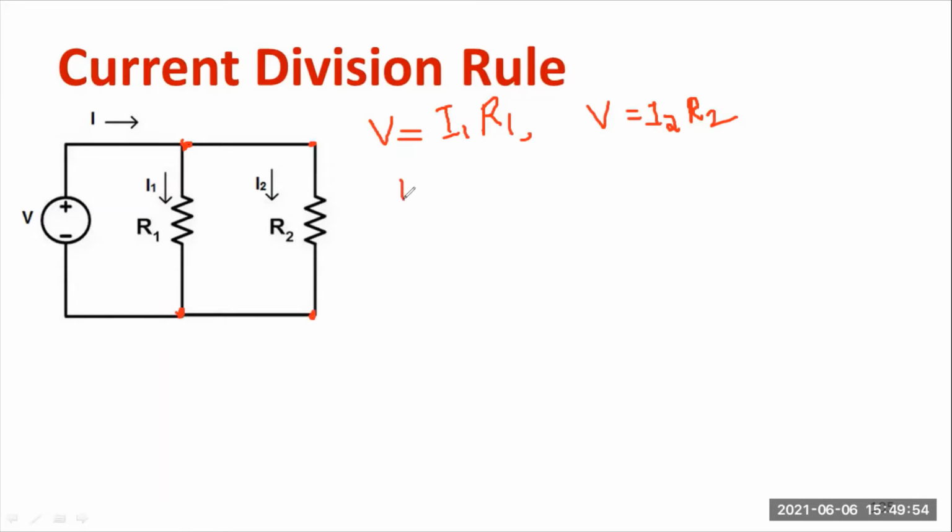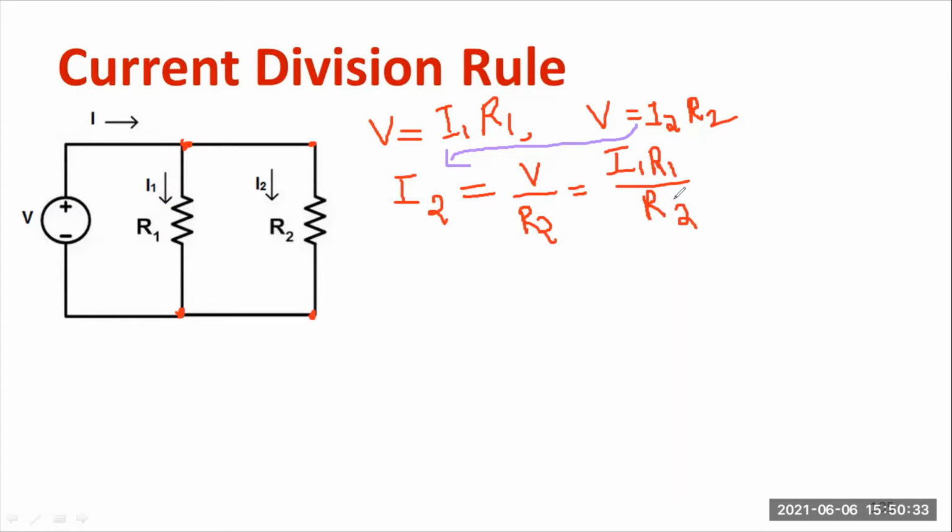Now, how can we write I2? Looking at this expression, I2 can be written as V divided by R2. You know that voltage is constant throughout the branches. So instead of V, I'm going to write I1 into R1, divided by R2.